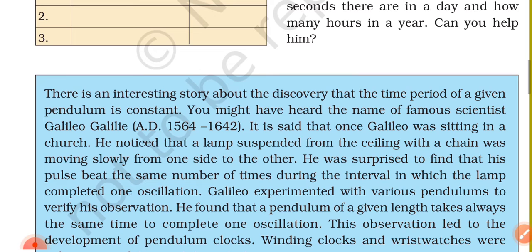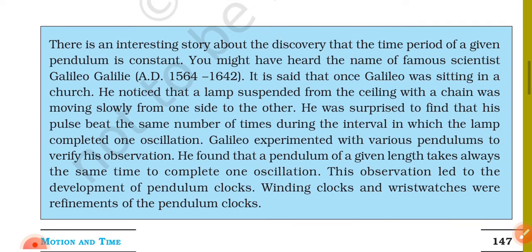There is an interesting story about the discovery that the time period of a given pendulum is constant. You might have heard the name of the famous scientist Galileo Galilei, AD 1564 to 1642. It is said that once Galileo was sitting in a church, he noticed that a lamp suspended from the ceiling with a chain was moving slowly from one side to the other.